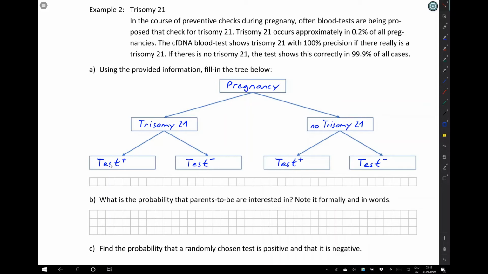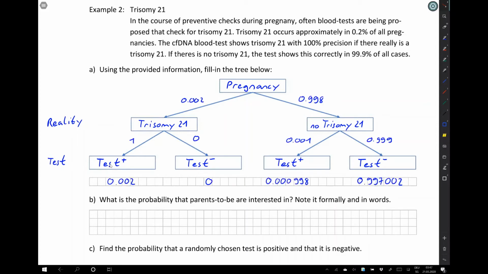Now complete the probabilities. This means fill in the probabilities of the different branches and the probability of the leaf here. So for example here it means the probability that there is trisomy 21 in reality and the test is positive. By the way, the first level in our tree is the reality and the second level is the test. Stop the film now, and here comes the result.